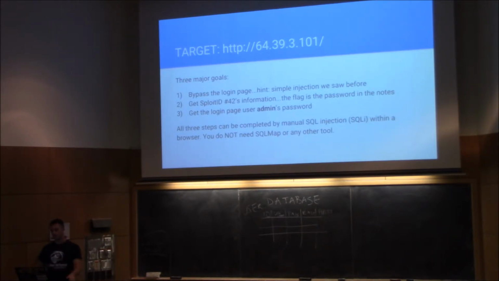We can also help if you guys are stuck. And then the final goal, which might be a bit tougher because you have to extract data not from the same table that it's actually querying, but a different table. So you're going to be unioning a select command to find the other table's name and then extract the user admin's password from that. Those are the 3 major goals of this box.